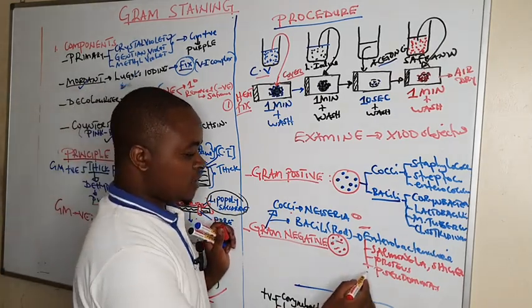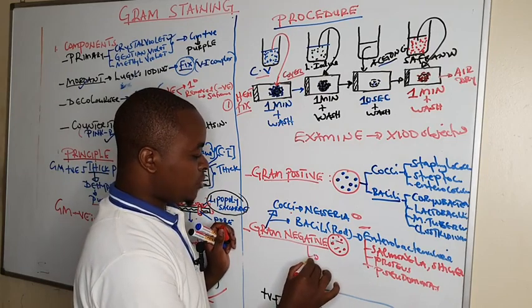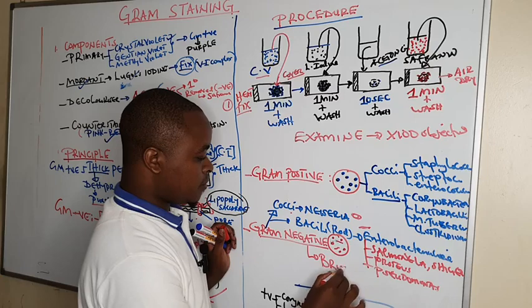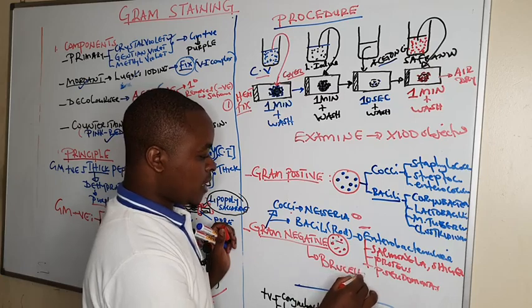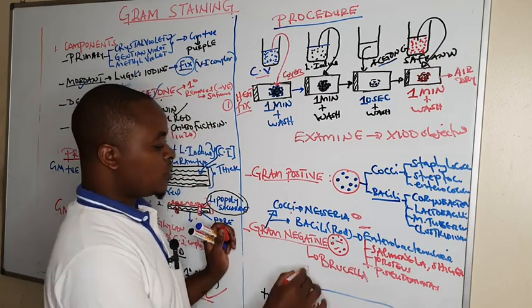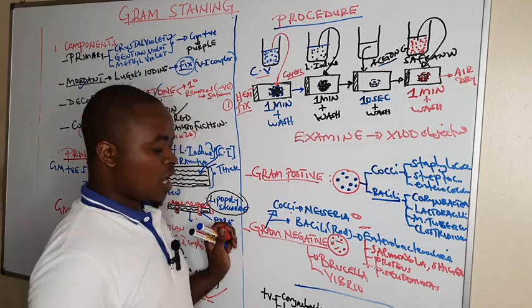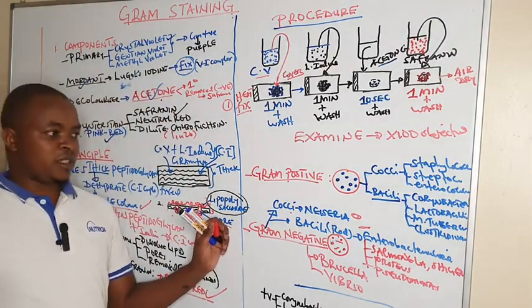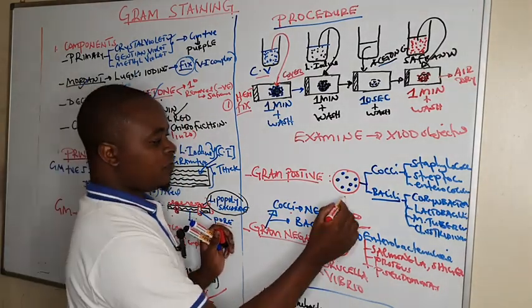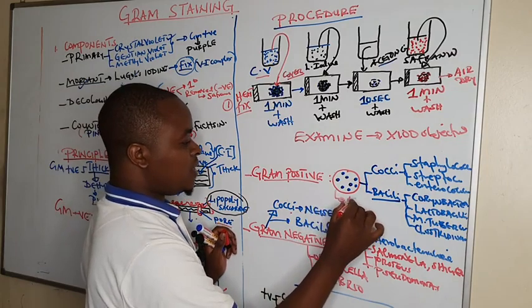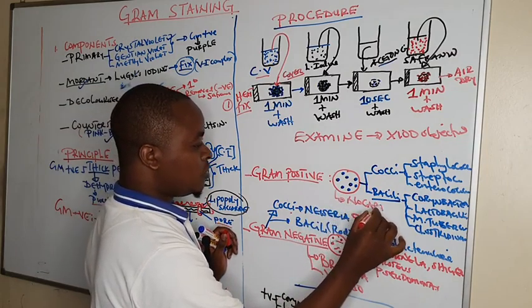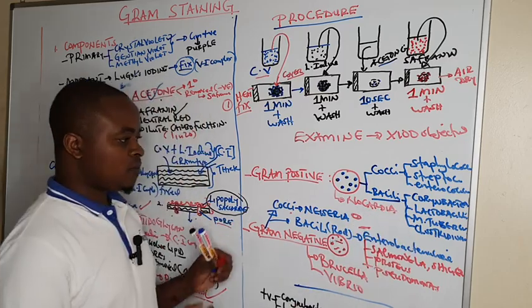Not forgetting organisms also here like Brucella, which is also gram-negative. Organisms like Vibrio cholerae are also gram-negative. On gram-positive, we can even add an organism known as Nocardia, which is also gram-positive.